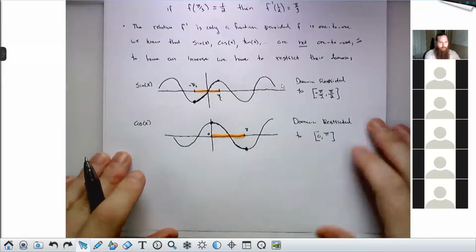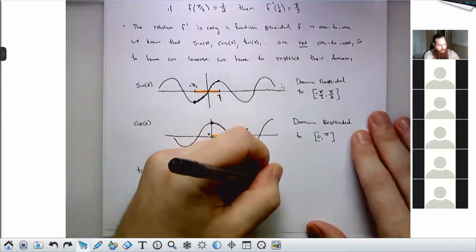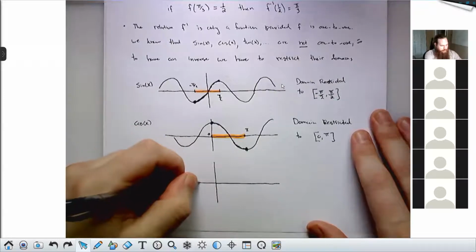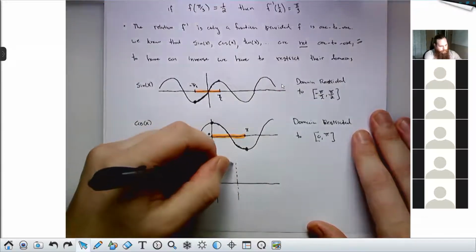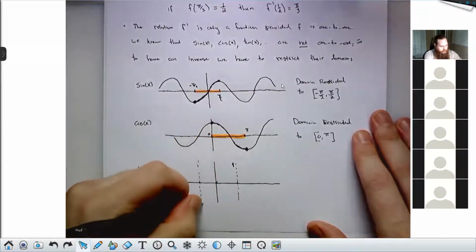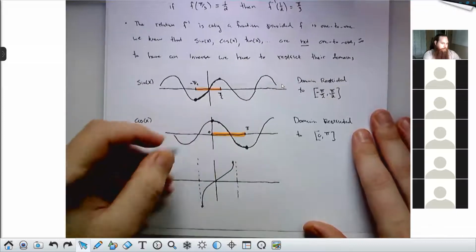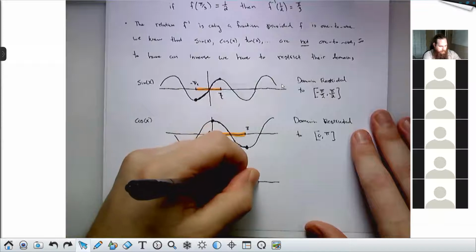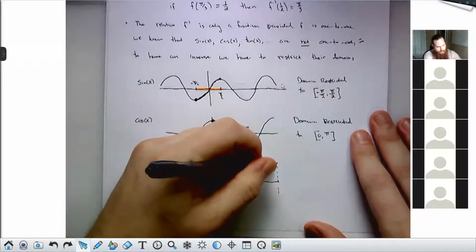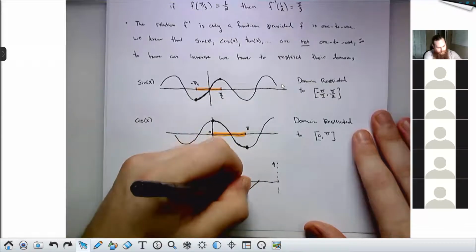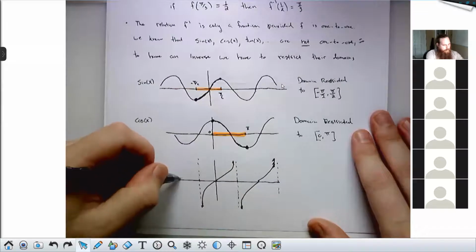The tangent function, its graph looks like this. And it's periodic.